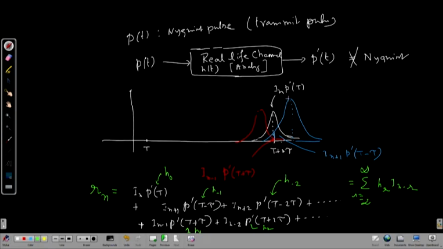That is, I can trigger a waveform here, but I measure it after some time, and within that time I have triggered several future waveforms. They carry information about In plus 1, In plus 2, In plus 3, and they all contribute. That is why the contribution from future terms is coming. That is why I am saying it is not a real life analog system; it is a mathematical equation, a discrete time model of the channel, and that model can be non-causal, but the physical reason for the non-causality I have already explained.